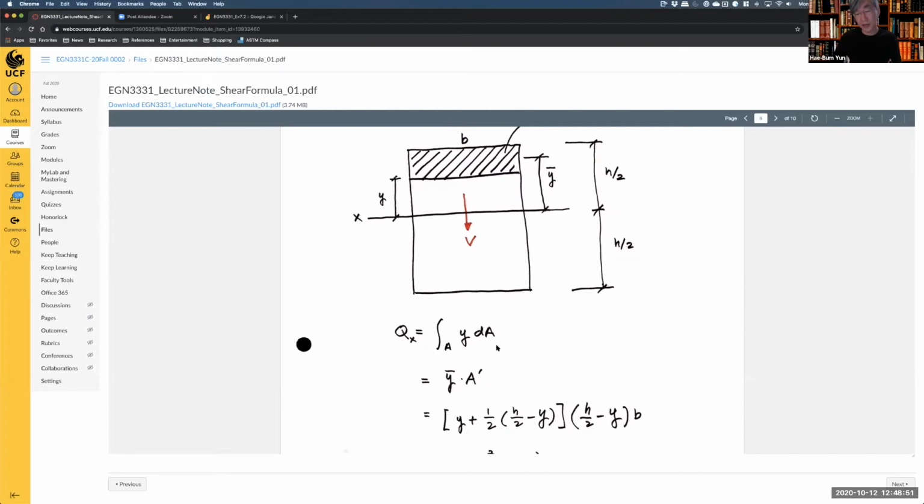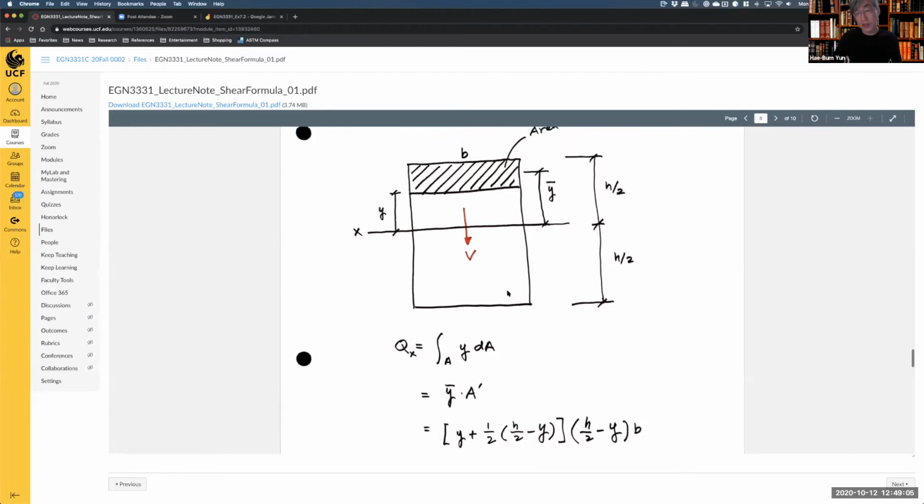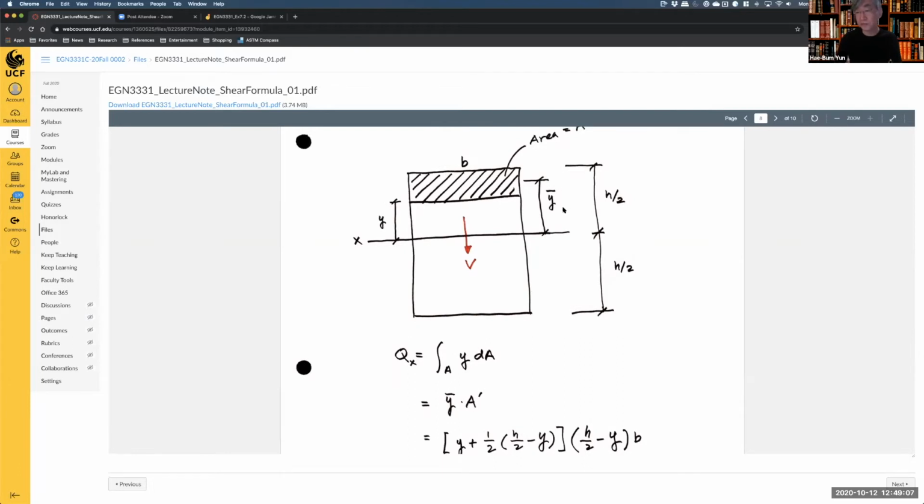From the definition. Which is the shaded area A prime times the distance Y bar. Make sense?